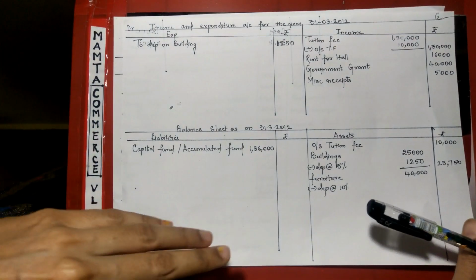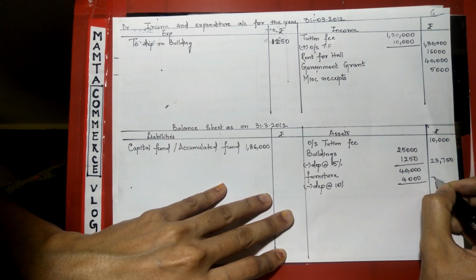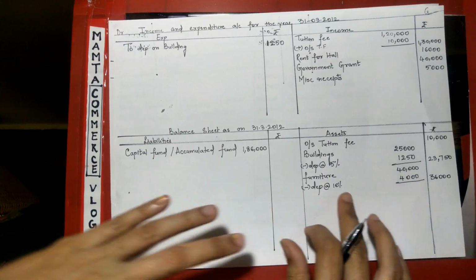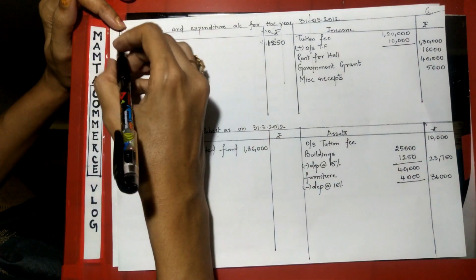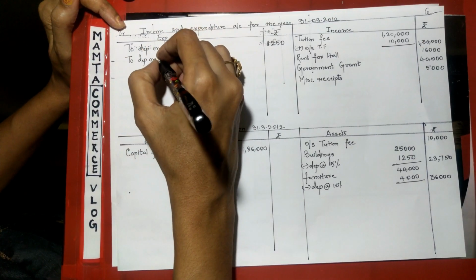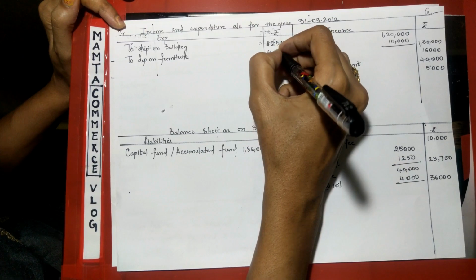So depreciation at 10% of 40,000 is 4,000. So the remaining value is 36,000. We will write the dual effect of this on the expenditure side. So here to depreciation on furniture is 4,000.